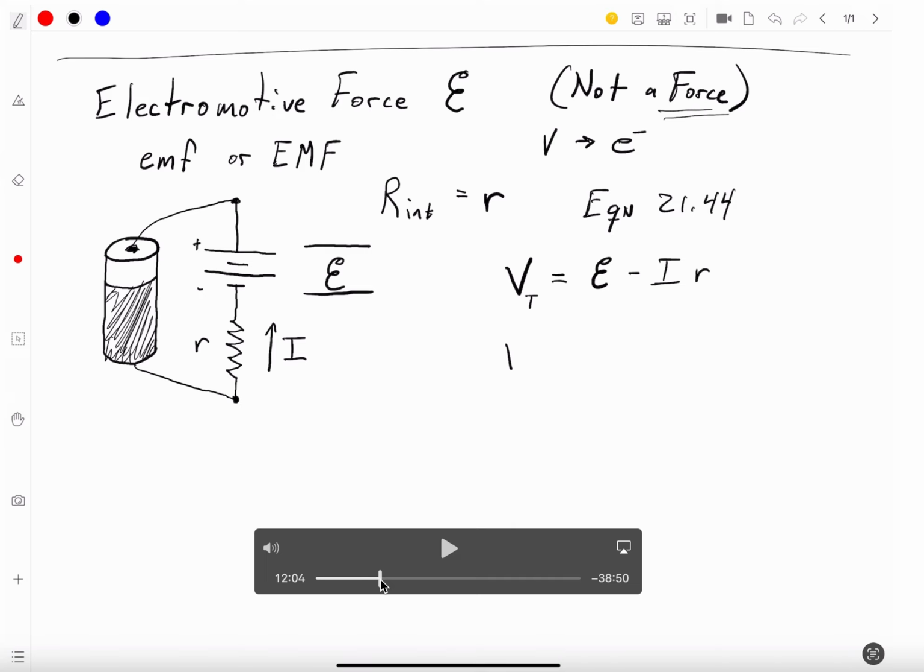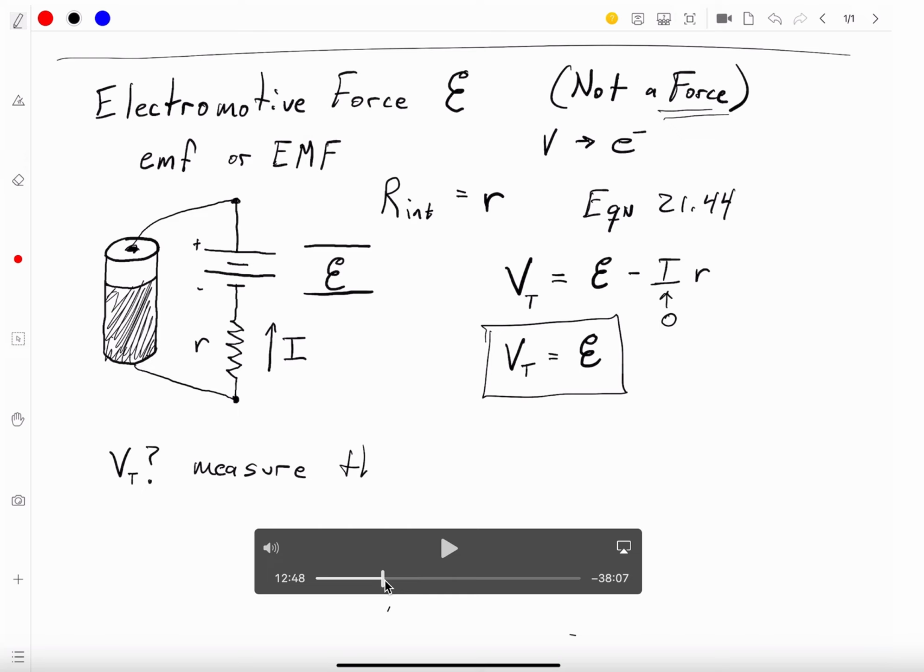So we've got E, and if we subtract off the current times the internal resistance, the current going through the battery and the internal resistance, if we subtract that off, we get what we have as a terminal voltage, the voltage at the terminals.